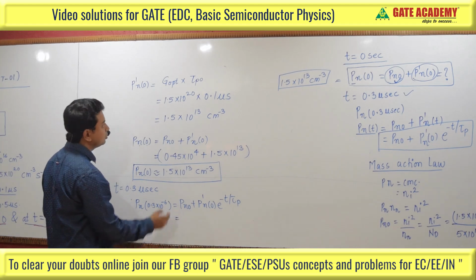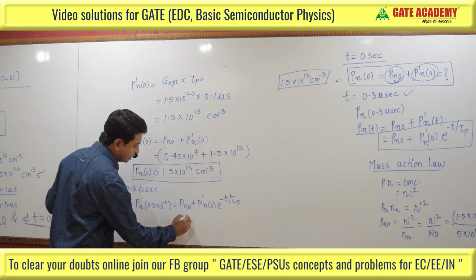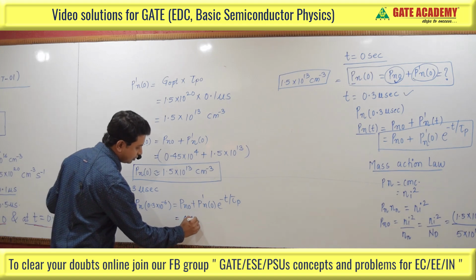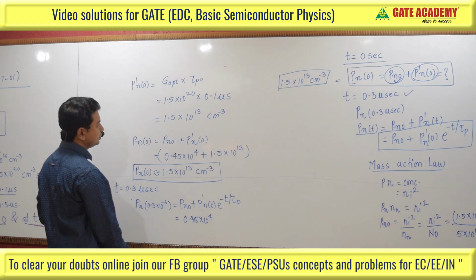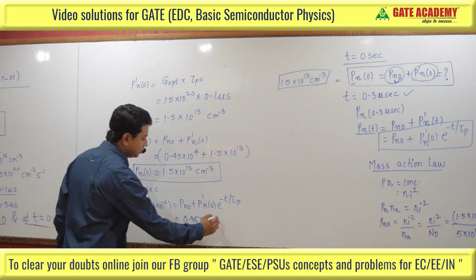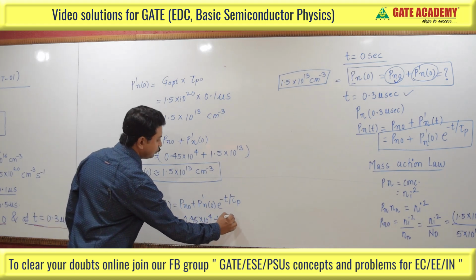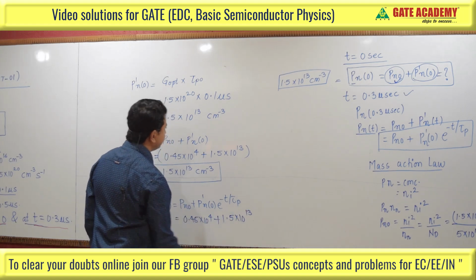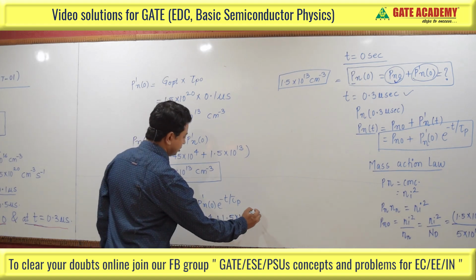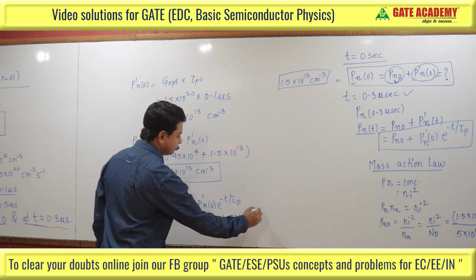Pn naught we have initially, this is 0.45 × 10^4, and P dash n of 0 is equal to 1.5 × 10^13, times the exponential of minus t.